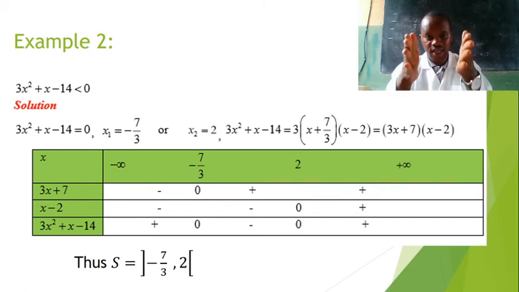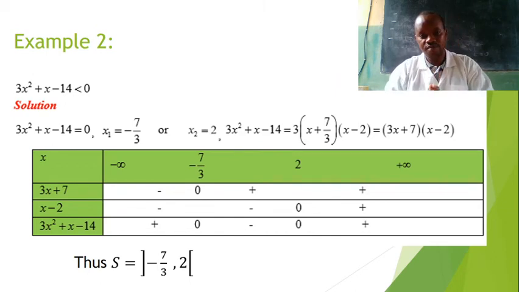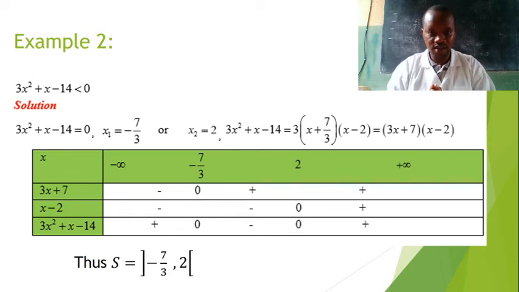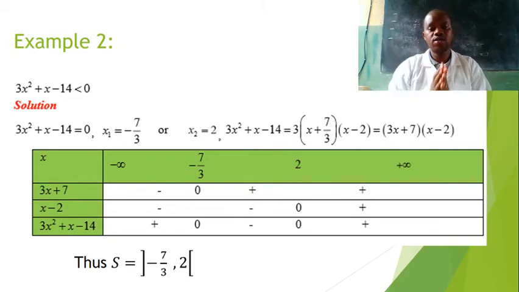In the second range, from minus 7 over 3 up to positive 2, we take positive times minus, we get minus. In the next interval, plus times plus, we get plus.